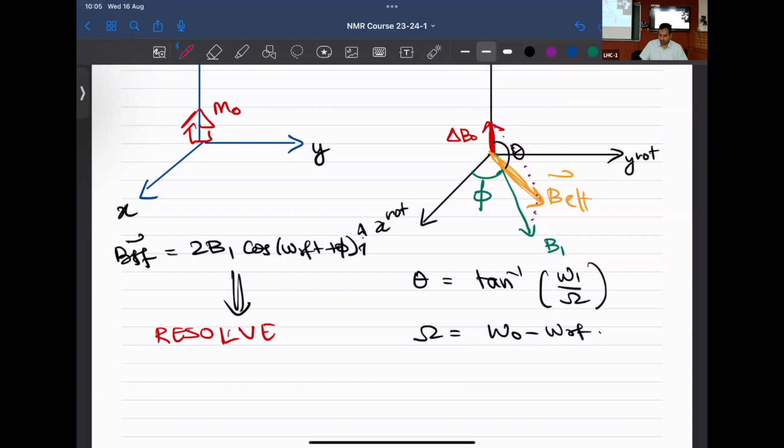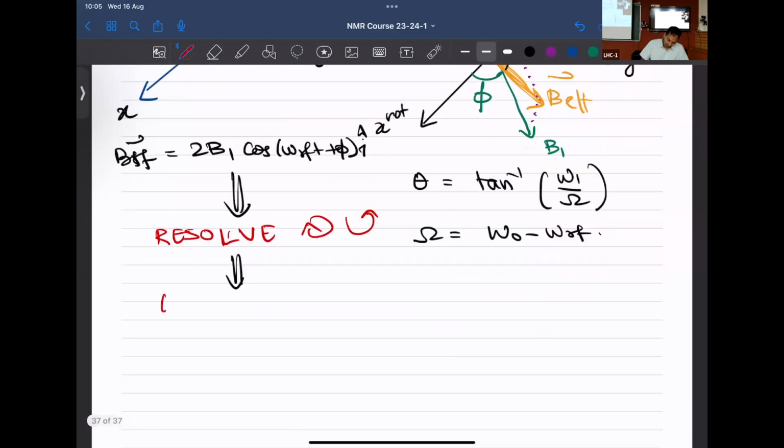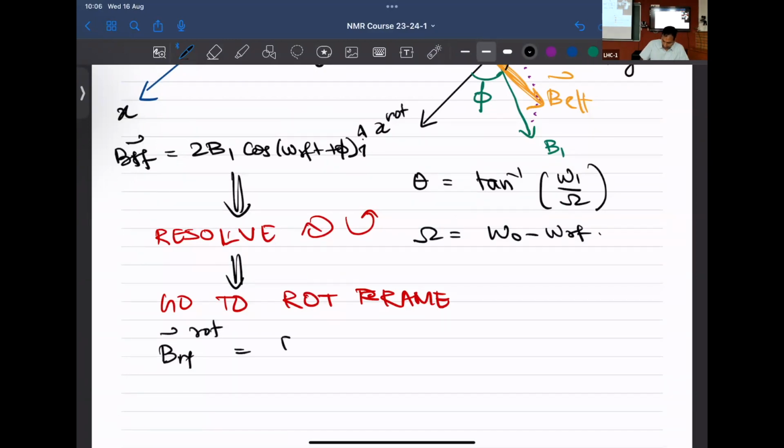which when you resolve it into two counter-rotating components and go to the rotating frame, ends up being B1 in the rotating frame, BRF in the rotating frame becomes B1 cos phi I cap plus B1 sin phi j cap in the rotating frame.